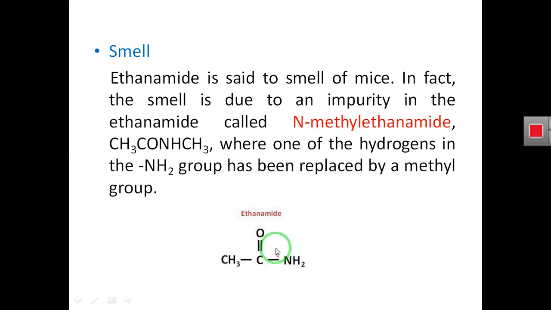And this ethanamide has a smell. How would we explain it here? Because ethanamide has two hydrogen atoms in the amine group. So what would happen is that one hydrogen atom is replaced by a methyl group. The compound that we get after the replacement of one hydrogen atom by this methyl group, we say this methyl group is added in this ethanamide as an impurity.